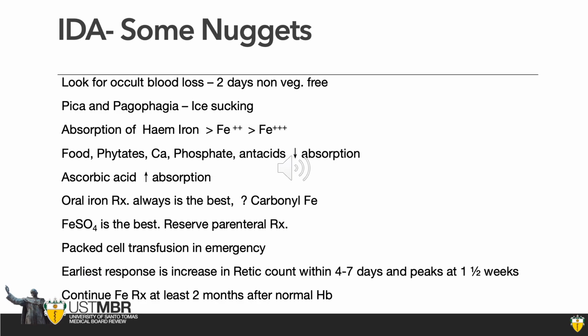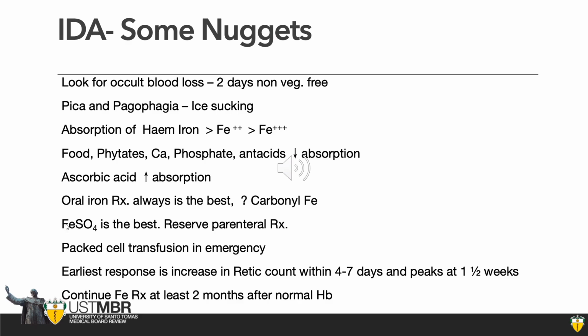The first line of treatment would still be oral iron therapy or oral iron supplementation. We reserve IV iron if oral iron therapy is not tolerated, while packed red cell transfusion is reserved for emergency cases.